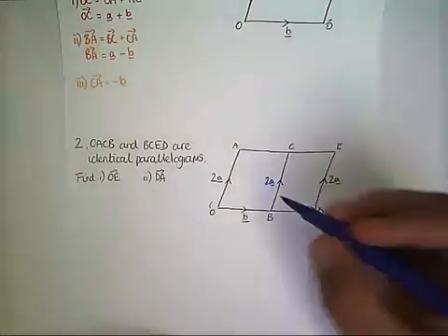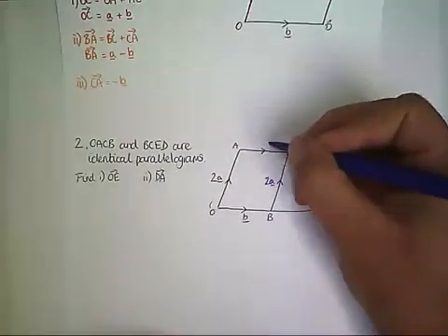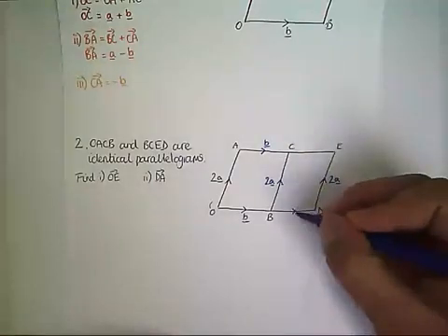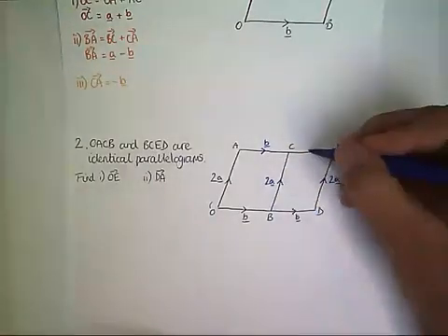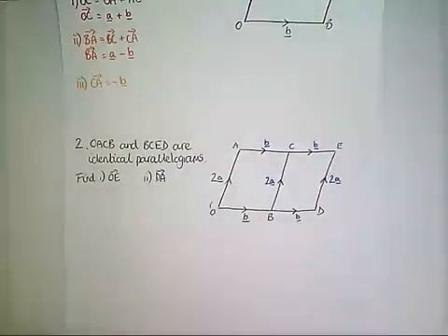And then similarly, if OB is B, then AC must be B. And this parallelogram is identical, so BD must be B, and CE must be B as well. Okay, so again, useful to mark those on before you start the question, so they're all there.